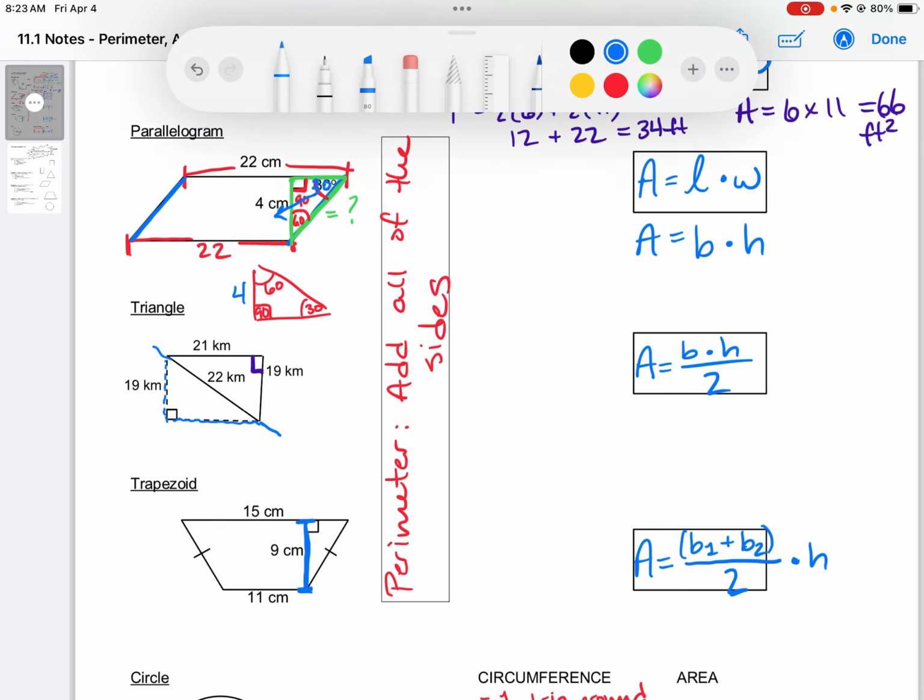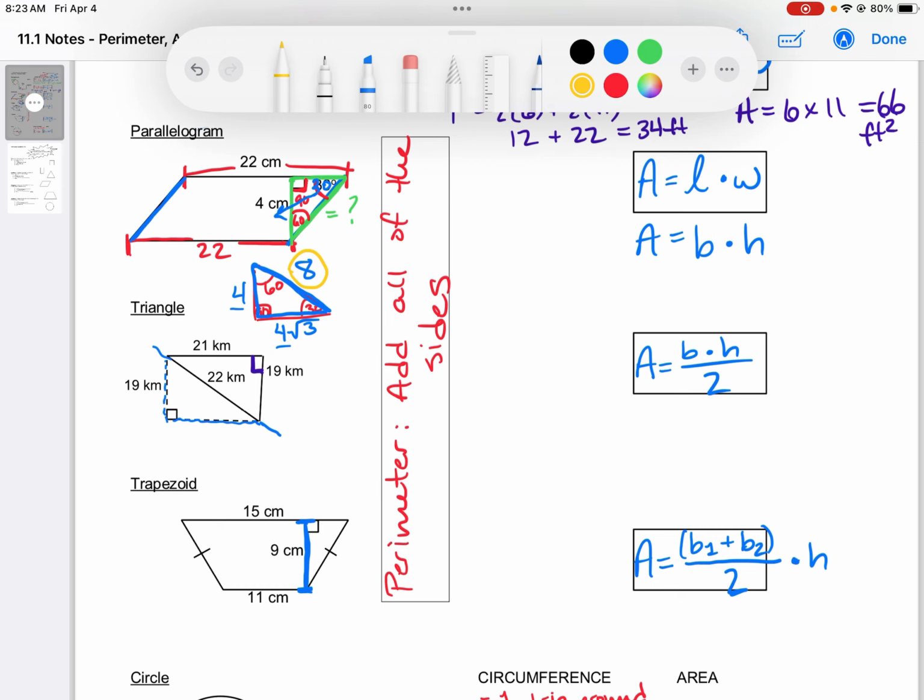So I know the short side is 4, and the ratios for a 30, 60, 90 tell me that the hypotenuse right here is double the short side, and the medium side, not that we need it right now, is the short side times the square root of 3.